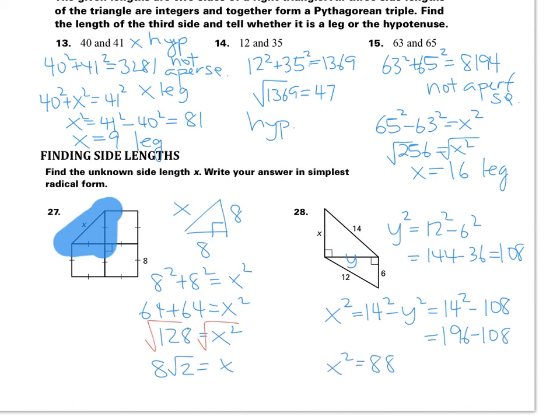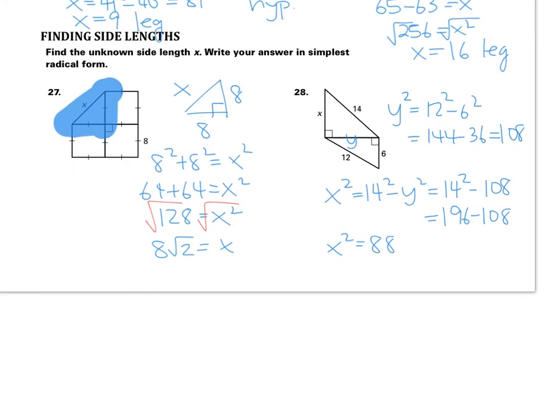And then simplest radical form. This is 4 times 22. So 2 root 22. And this concludes the first section with Pythagorean theorem.